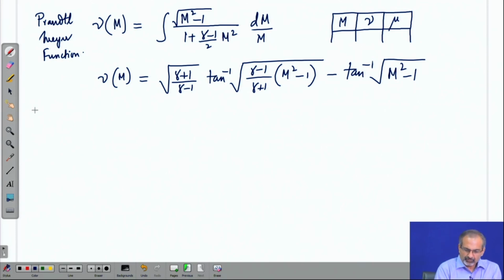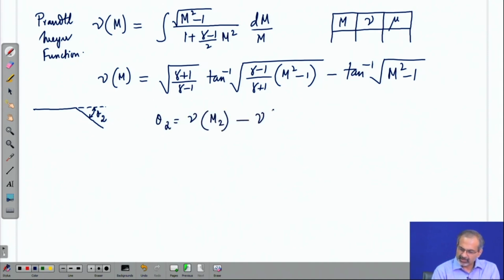Further, when we do not have a differential change in the angle, but rather you have a finite change, let us say we call it theta 2. That theta 2 is given by the value of the Prandtl Meyer function in the region of Mach 2 minus the value of the Prandtl Meyer function in the region Mach 1.